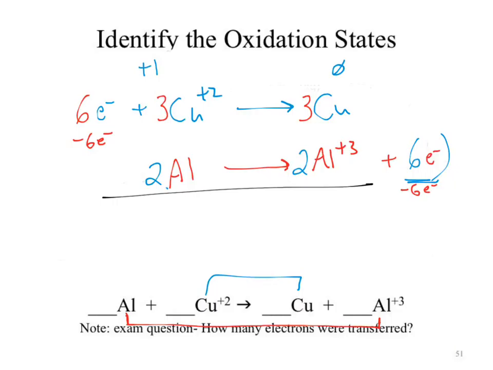My electrons will cancel on each side of the equation, and I will be left with 3 copper plus 2 plus 2 aluminum goes to 3 copper plus 2 aluminum plus 3. Right?